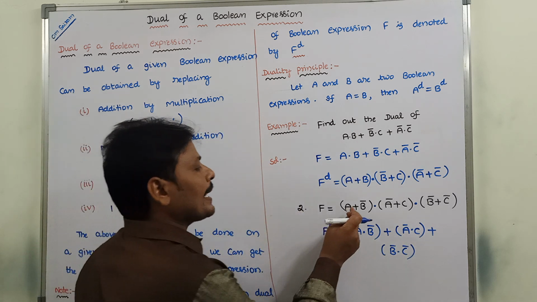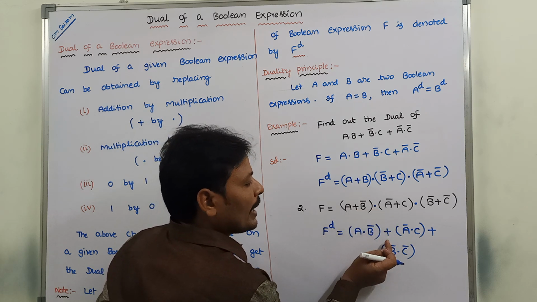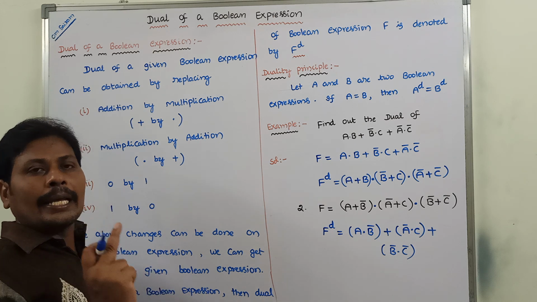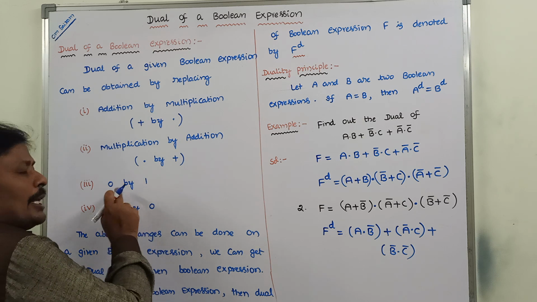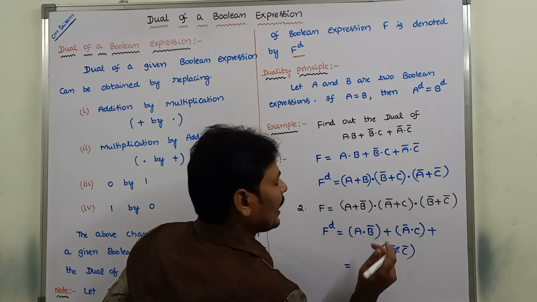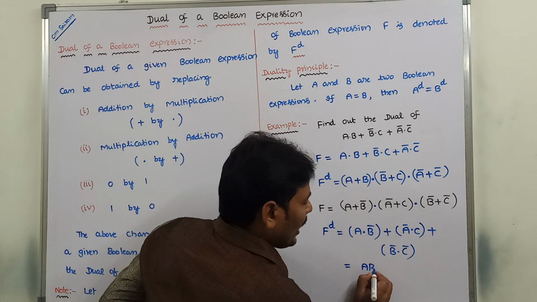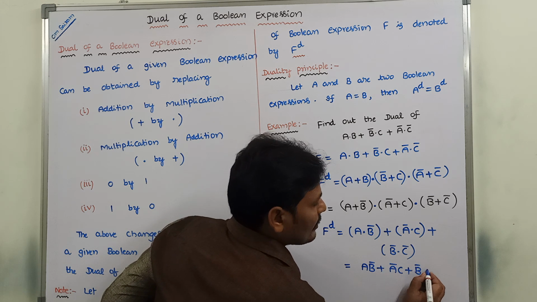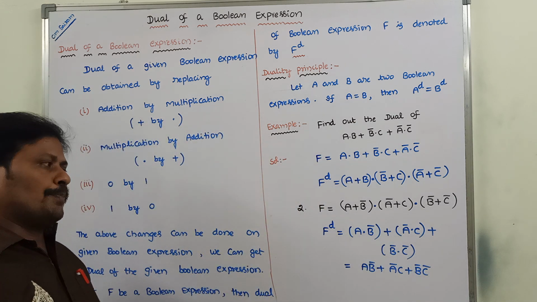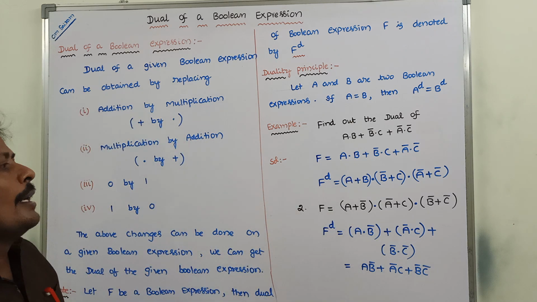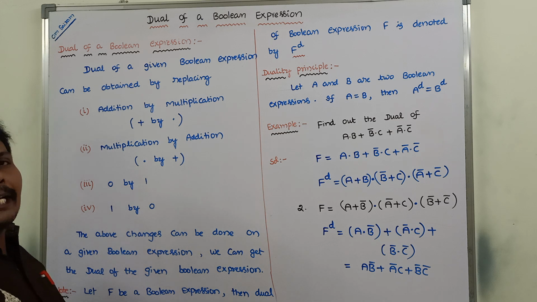In any Boolean expression, if 1 is there, 1 can be replaced by 0, and 0 can be replaced by 1. So the dual of the given Boolean expression is A B bar plus A bar C plus B bar C bar. This is the dual of this Boolean expression F. In this way we have to find the dual of the given Boolean expression.